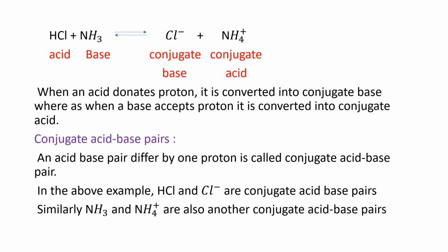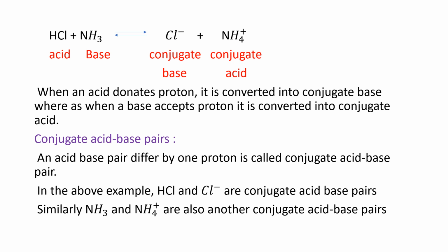This is how a conjugate base from an acid and a conjugate acid from a base is going to be formed. Therefore, Cl minus is the conjugate base of HCl and NH4 plus is the conjugate acid of ammonia, that is NH3.